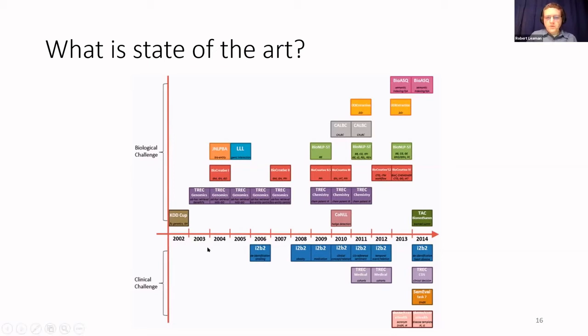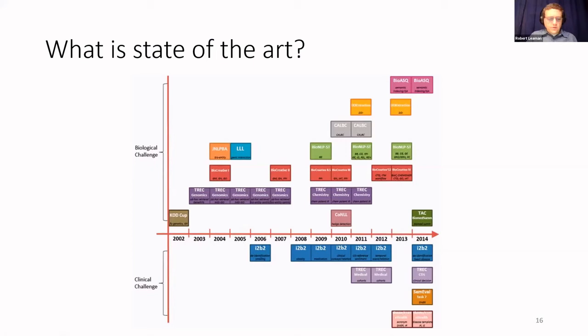Here over time, you can see on the top are challenges related to the biological domain, and on the bottom are clinical challenges. You can see, for example, the TREC challenges, which are for information retrieval, which are long-standing. You can also see in red here, these BioCreative ones introduce different challenges every year, and there are several also down here. i2b2 is a long-standing clinical challenge.